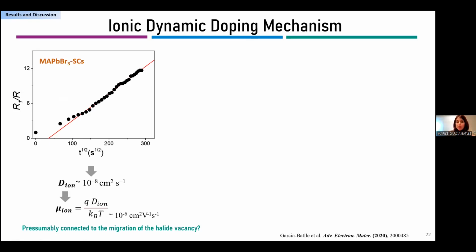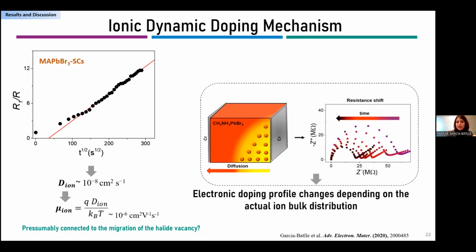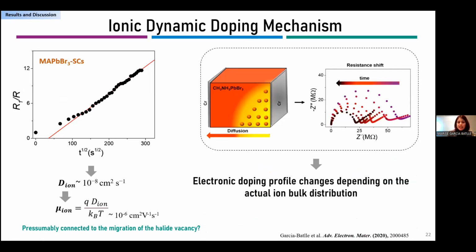At this point, we were not sure, but of course, I will go to the next slide and try to explain this. So I think the main idea of the ionic dynamic doping mechanism is how these ions may vary the electronic conductivity during the diffusion.